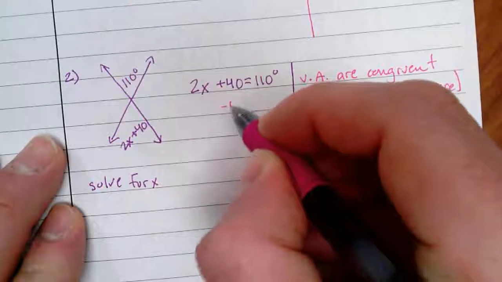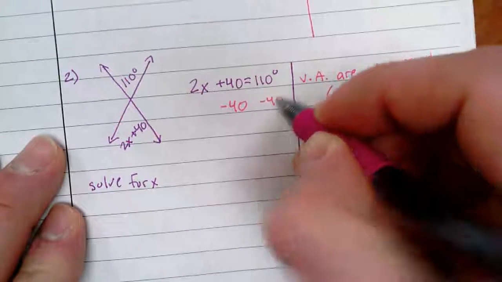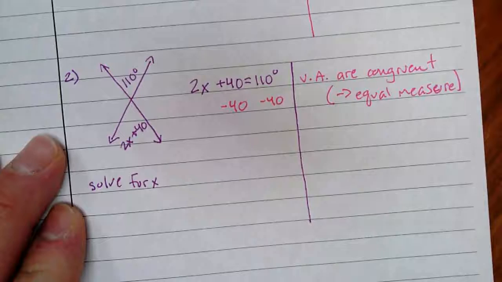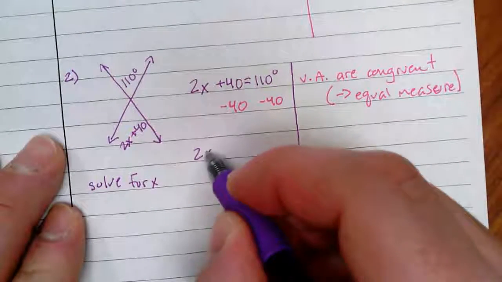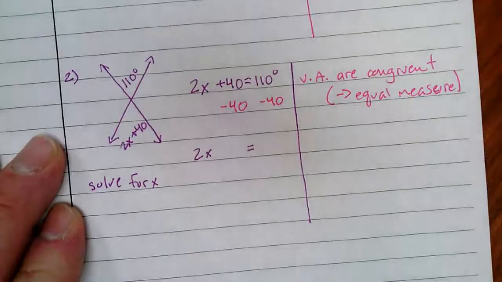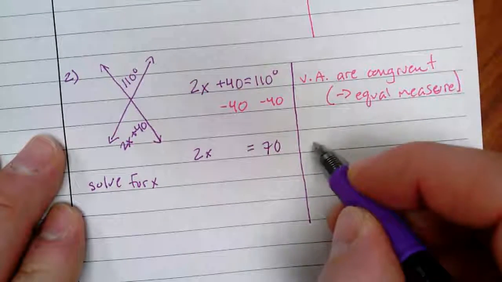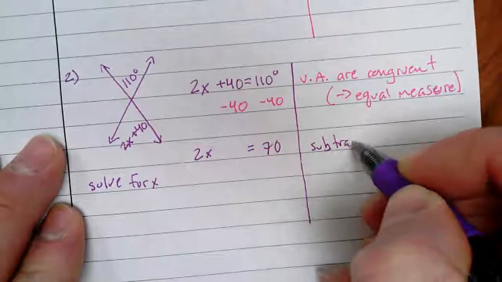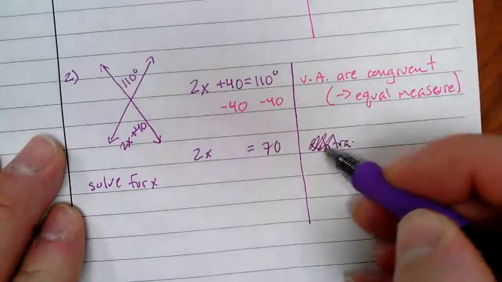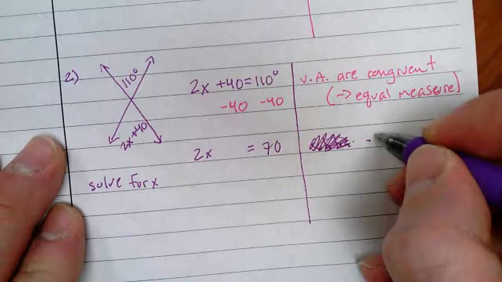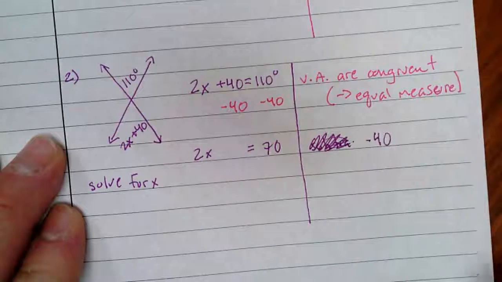So I'm going to go minus 40, minus 40, and we get 2x equals, see, 110 minus 40 is 70. Actually, I'm not going to write the word out, subtract. Let's just go minus 40, that's what we did. You can kind of see that up there anyway.